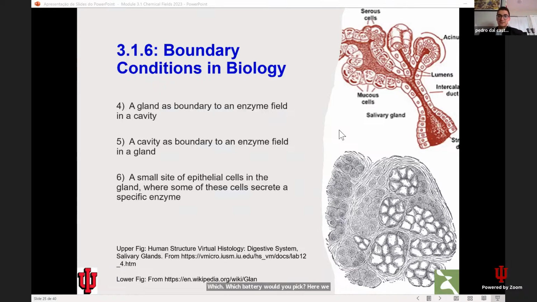Periodic, right? So Lucas got it right. Yes, they are producing. What boundary? The boundary with other sites of the same epithelial tissue. So we are already modeling the secretion of this enzyme in the cells.